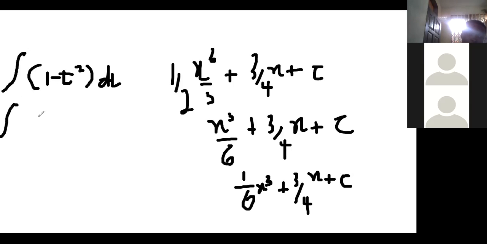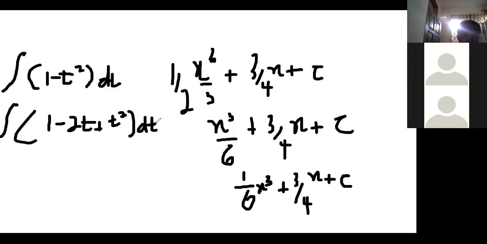So expanding this, what are you getting? That will give me 1 minus 2t plus t squared, all in brackets, dt.